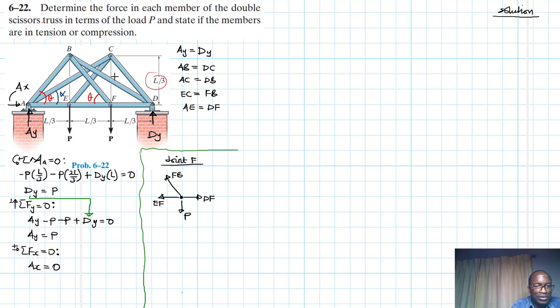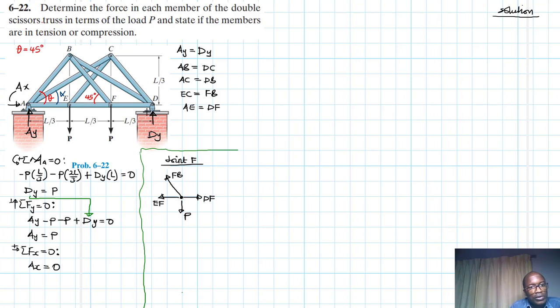Seen this? So since the lengths are equal, what do you think the angle is supposed to be? It is 45, right? Do you agree? Of course you should agree. So that is our theta. We are saying our theta is equal to 45.